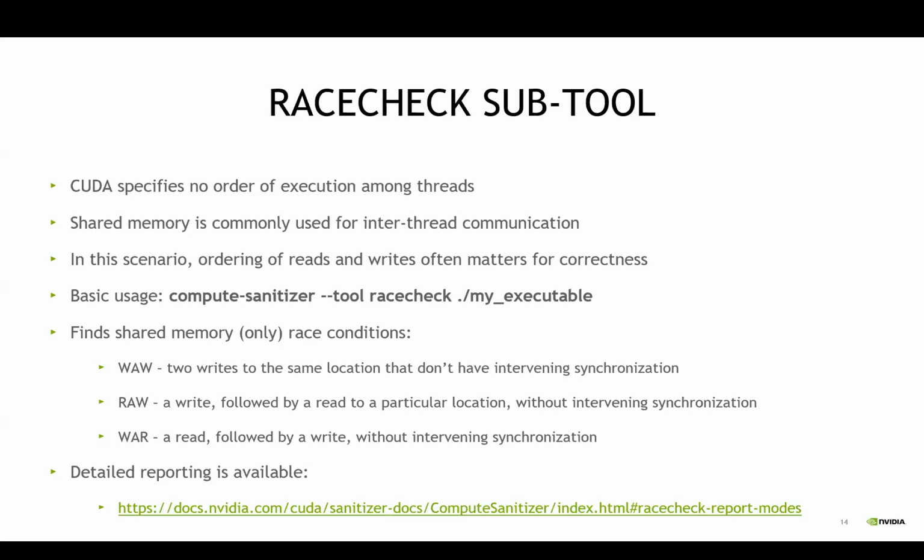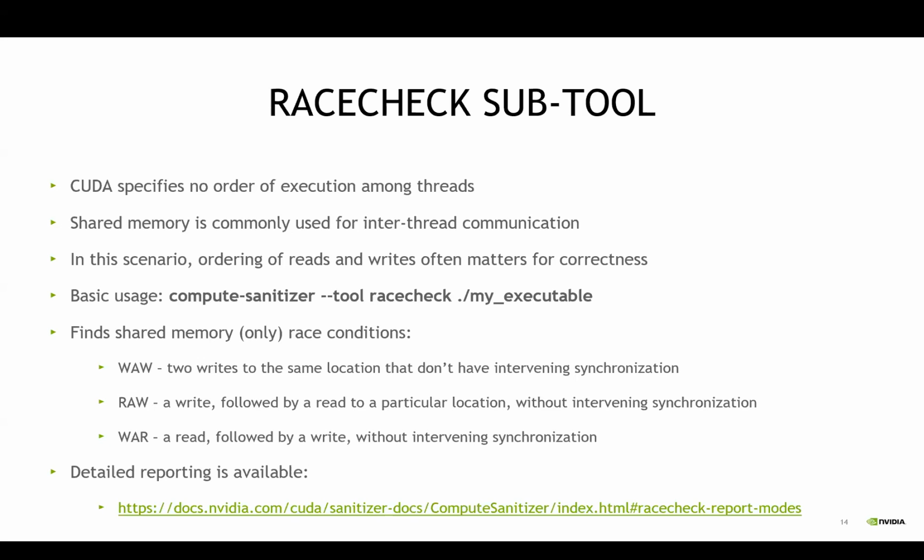With intervening synchronization. So I have threads write to shared memory, and then before the communication occurs, transfer to another thread, I have something like sync threads or sync warp. Then I know that the write occurred before the read. And in that scenario, if I had proper synchronization, no race condition or hazard would be reported. That's just one example.